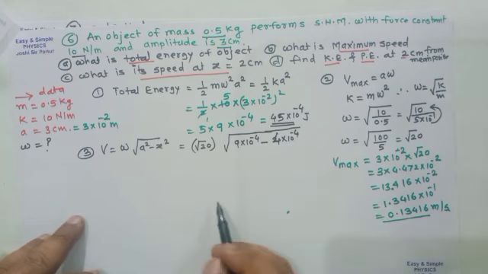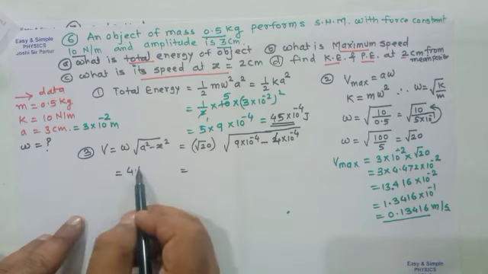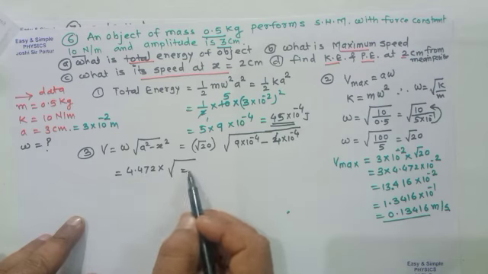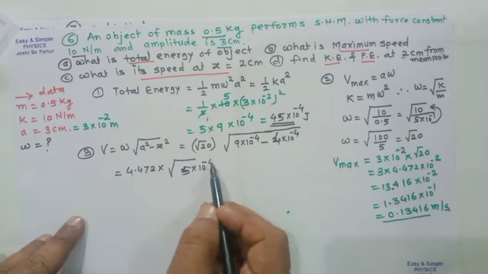So here, square root of 20 is 4.472 multiplied by square root of 9 minus 4, that is 5 into 10 raised to minus 4.